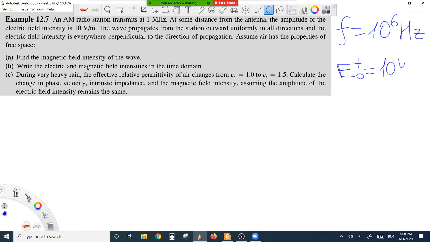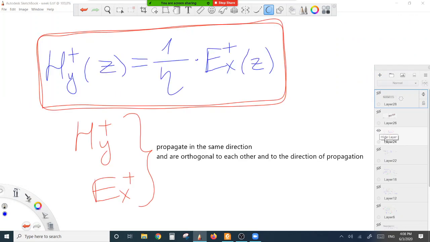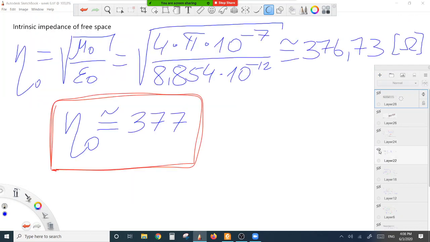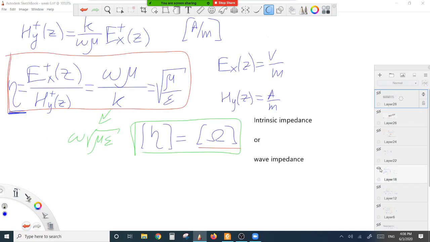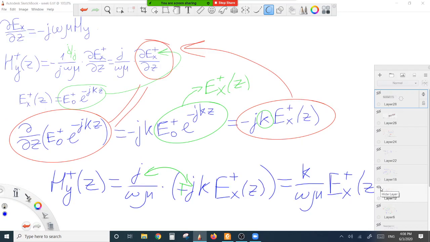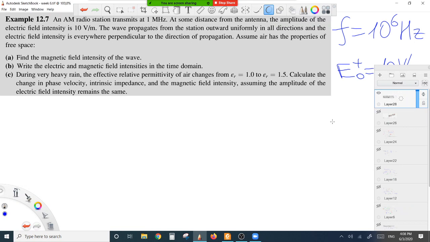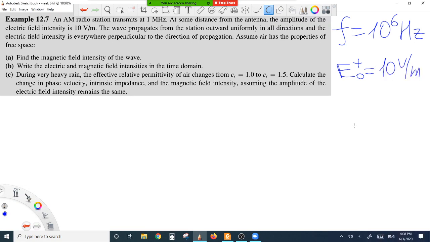Okay, 10 volt per meter. Well, one moment. Okay. The magnitude of electric field intensity is 10 volt per meter.